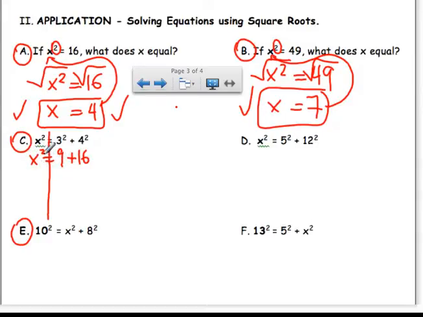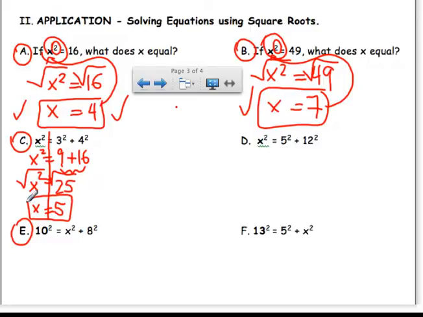Before I find the square root, I'm going to completely simplify 9 plus 16, which is 25. And so x squared equals 25. I'm not done because just like here and just like here, if x squared equals something, to completely solve, I need to find the square root. And so x equals the square root of 25, which is 5.